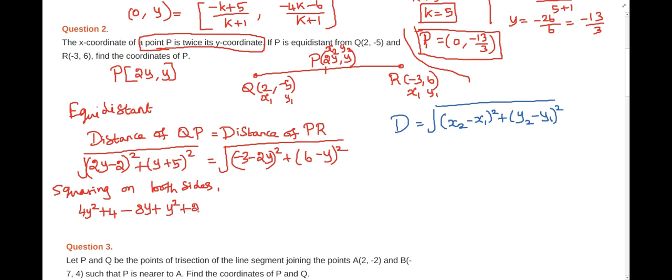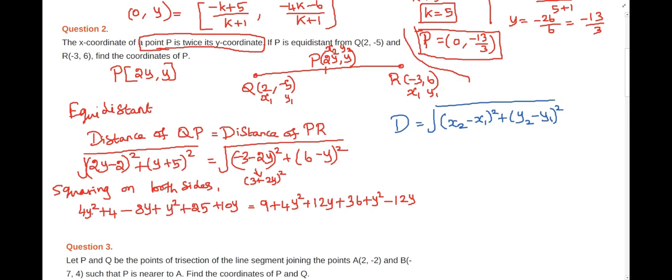So y square plus 25 plus 10y, which is equal to, on the right side both the terms are negative, so take the negative sign common and using the (a + b) whole square formula, this term will be written like (3 + 2y) whole square. So 9 plus 4y square plus 2 into 3 into 2y, that is 12y, plus 36 plus y square minus 12y.